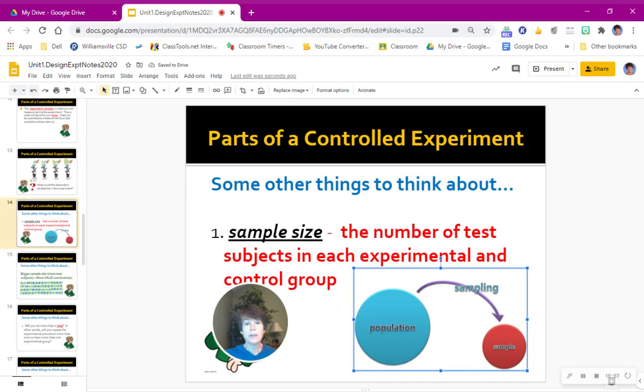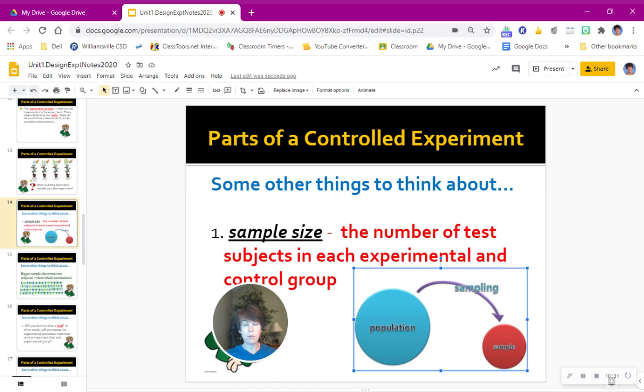So again, let me scoot myself over here if I can, and we'll take a look at sample size. Okay, so our sample size is really, really important. And our sample size is just the number of test subjects that we have in each experimental and control group.